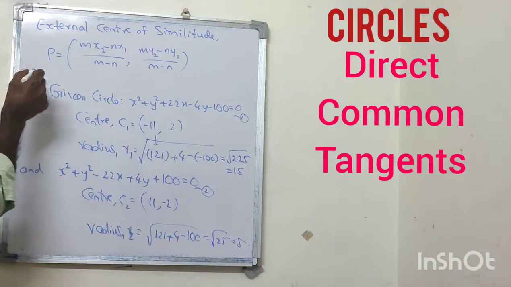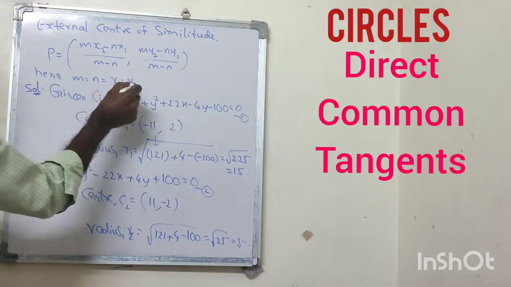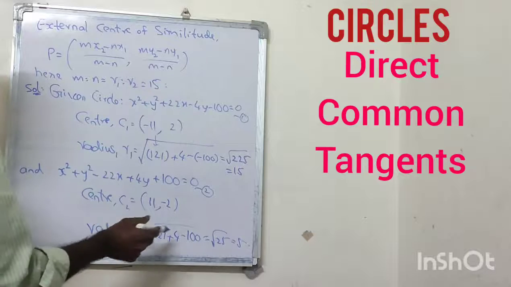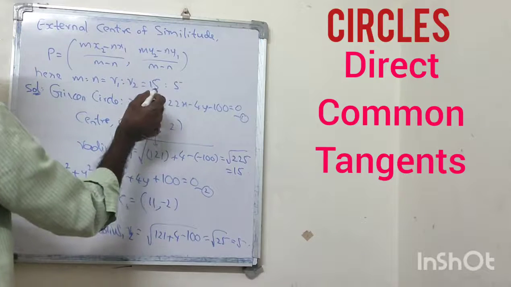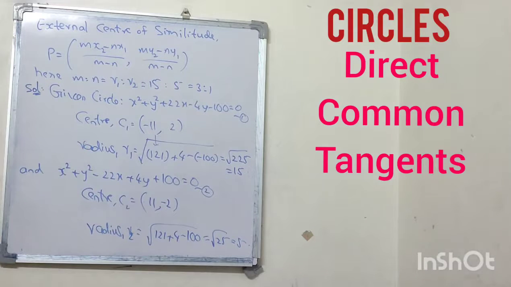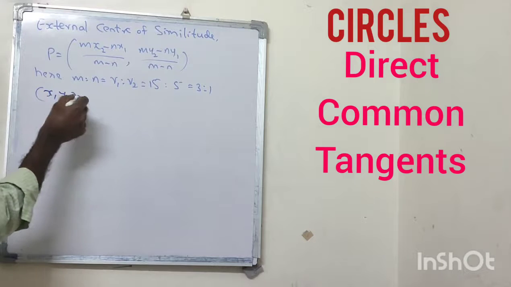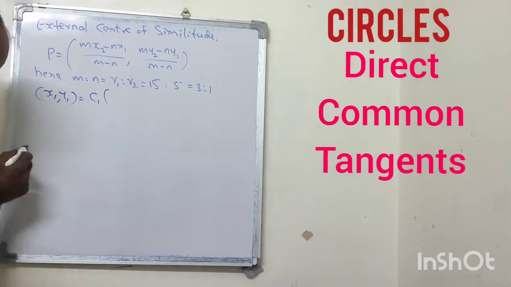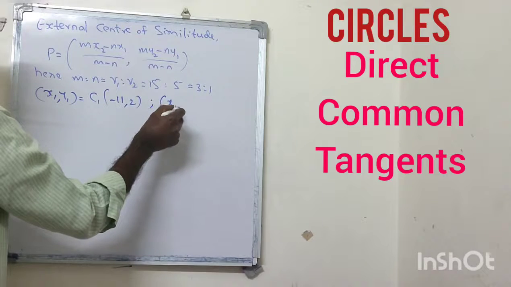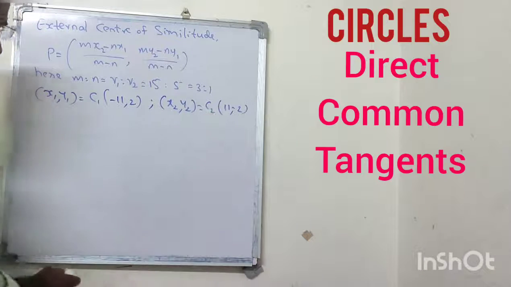Here m is to n means r1 is to r2. R1 we are having 15, r2 we are having 5. So cancelling, in 5 table you will have 3 is to 1. x1 comma y1 is C1, minus 11 comma 2, and x2 y2 is C2, 11 comma minus 2.